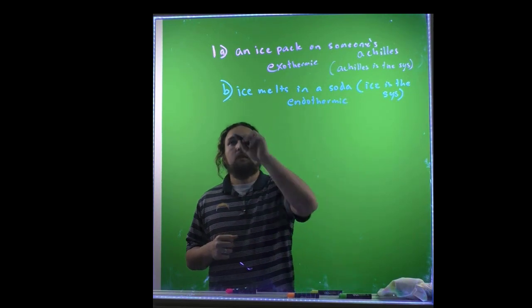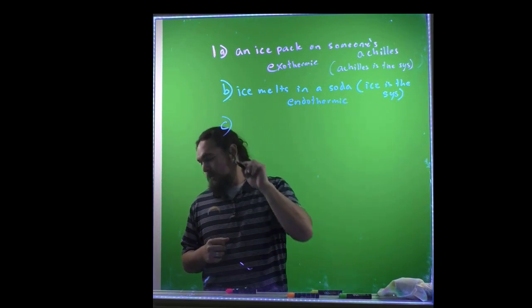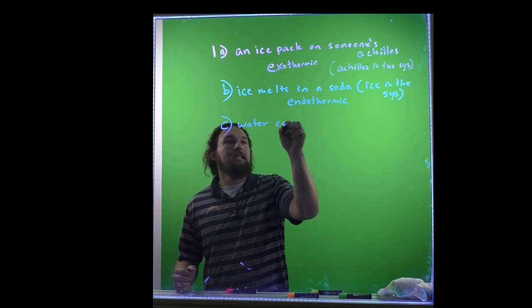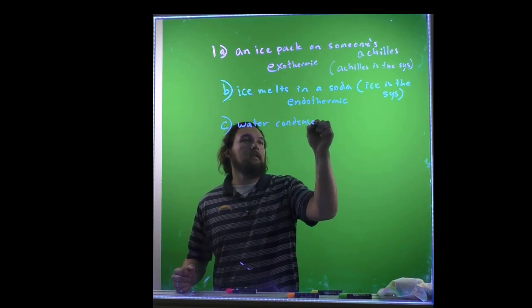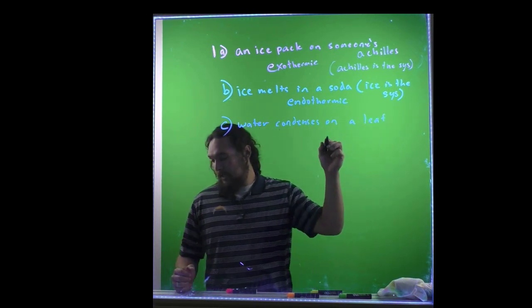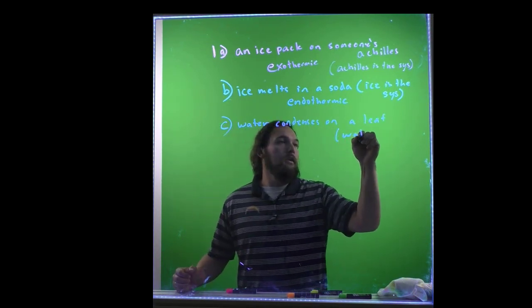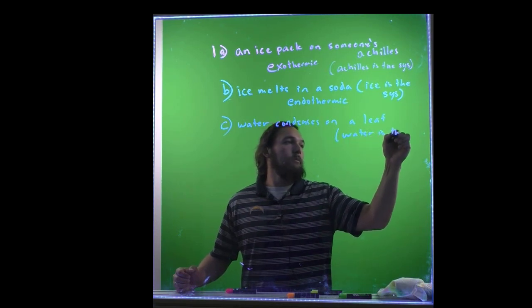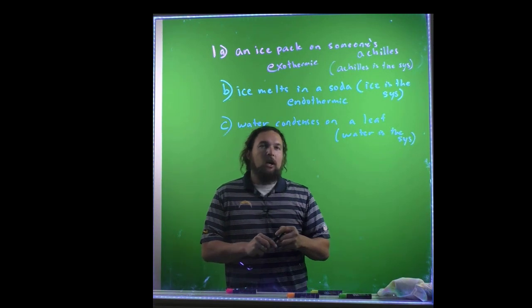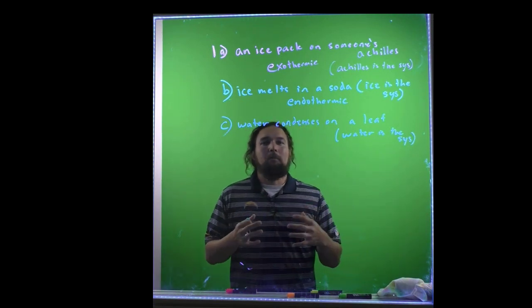For part C, it says water condenses on a leaf. Okay, and water is the system. In this case, it's kind of hard to think about what happens in condensation.